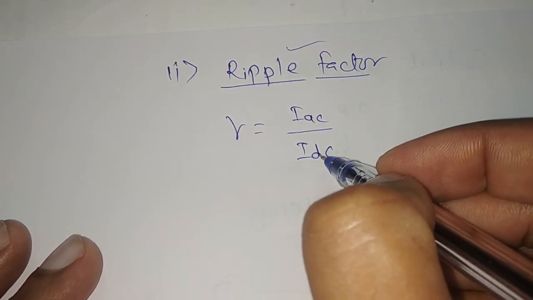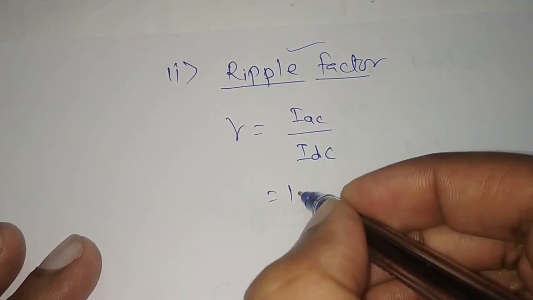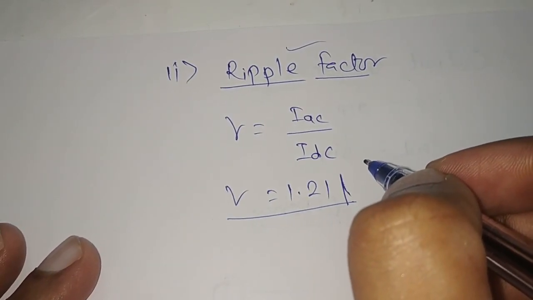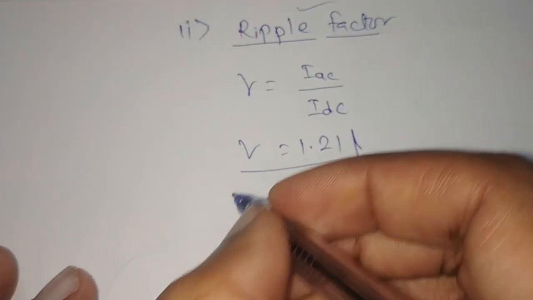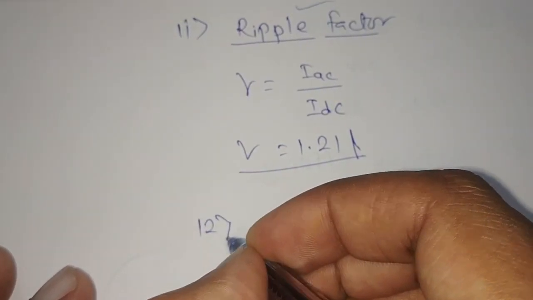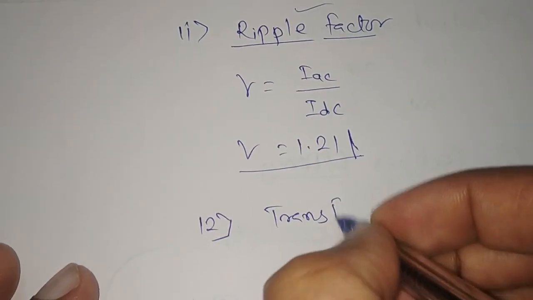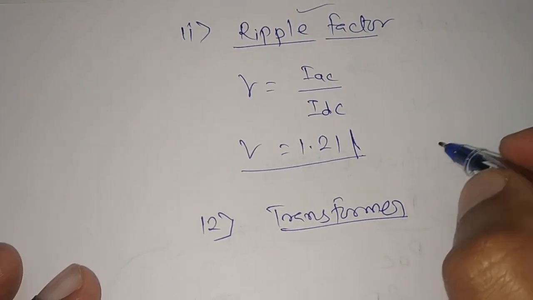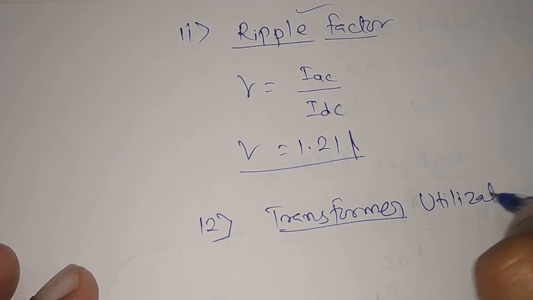It is IAC by IDC. This value is 1.21. We get ripple factor as 1.21. Similarly, we can have one more parameter. It is related to the transformer. We are using a step down transformer. So how much the transformer is getting utilized is also sometimes an important parameter.